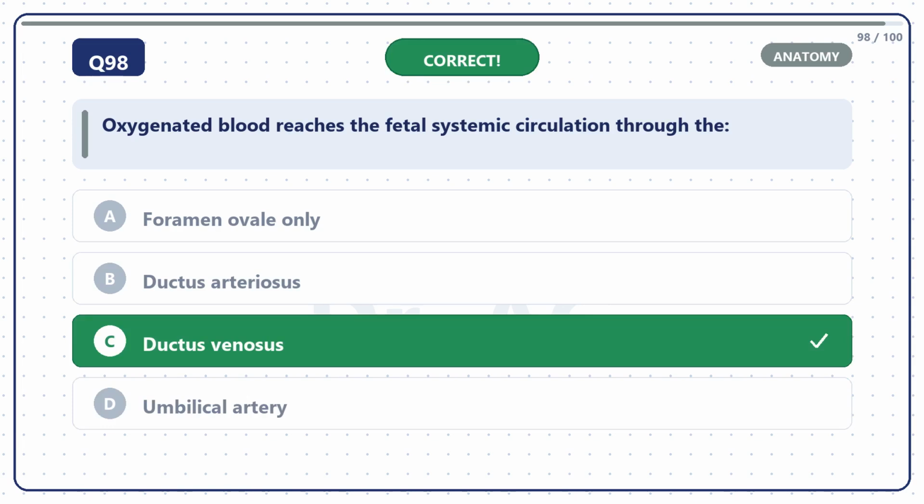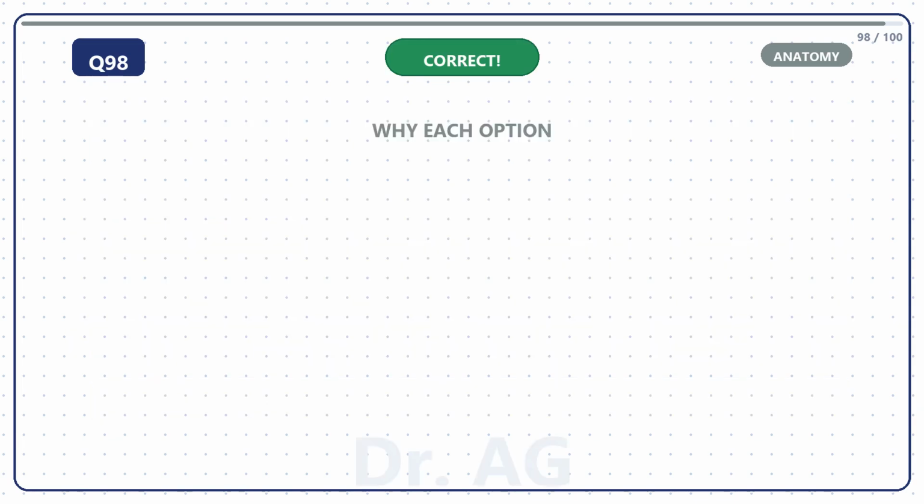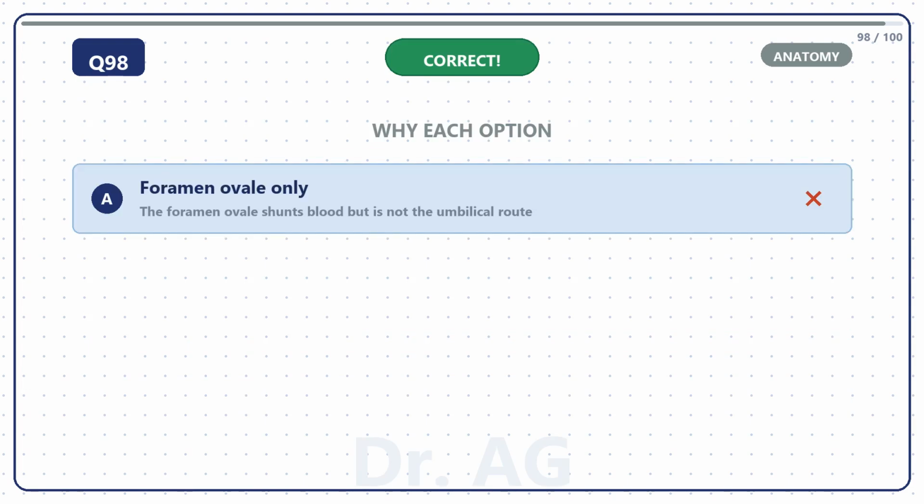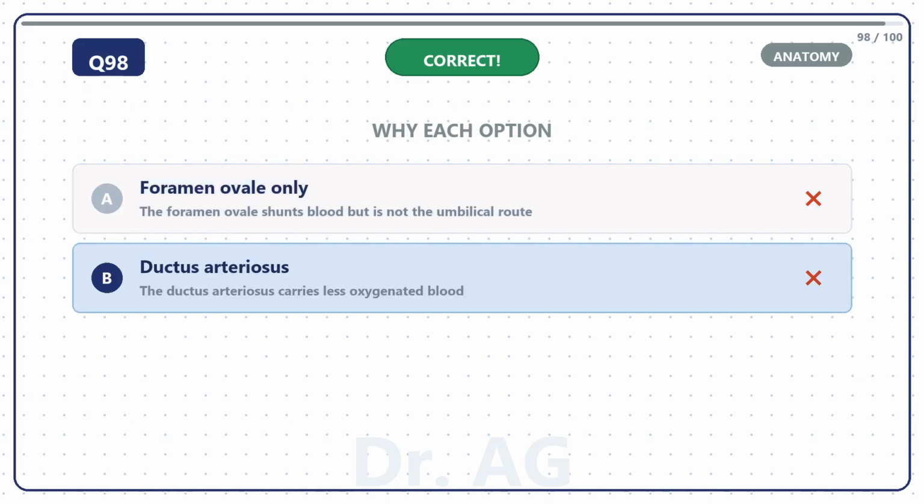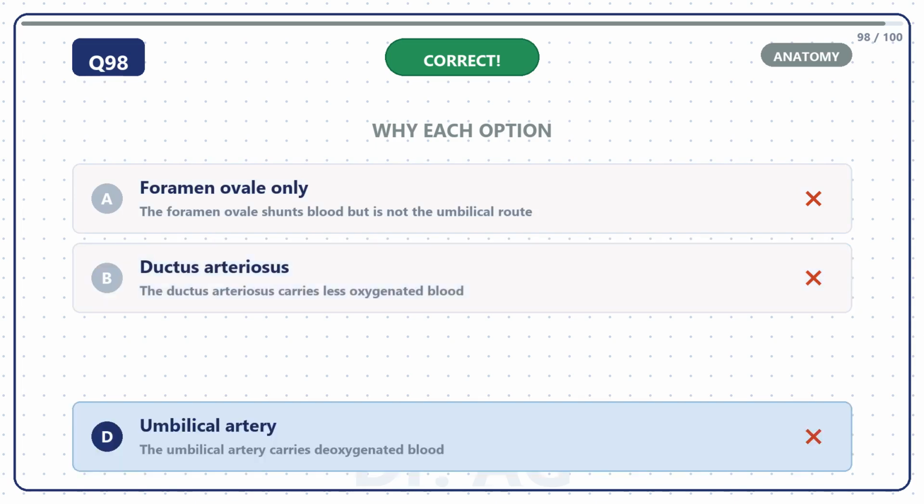Ductus venosus. Let's go through the options. Foramen ovale only: the foramen ovale shunts blood but is not the umbilical route. Ductus arteriosus: the ductus arteriosus carries less oxygenated blood. Umbilical artery: the umbilical artery carries deoxygenated blood.